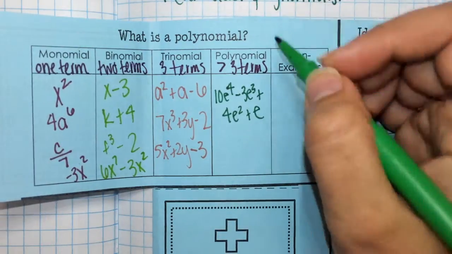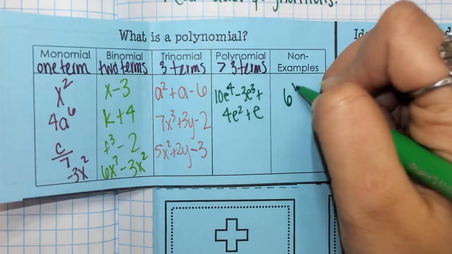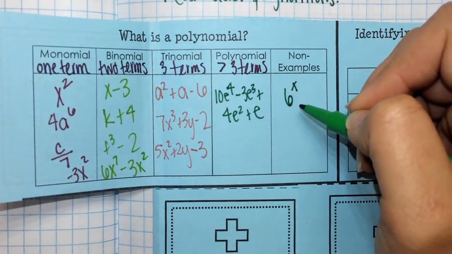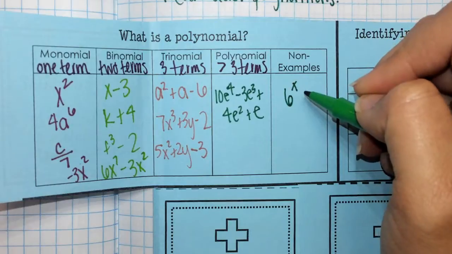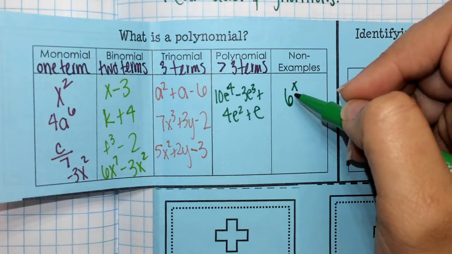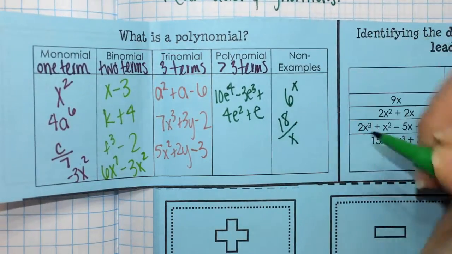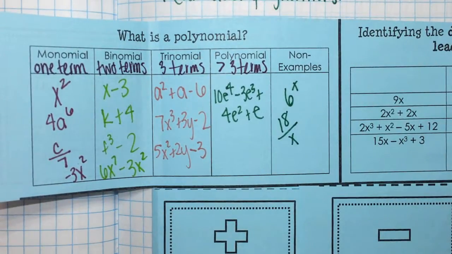Alright, non-examples. Non-examples means it's not a polynomial. So if I had 6 to the x power, that is not a polynomial. That is an exponential function. And they are 2 different things. If I did 18 divided by x, that is not a polynomial. That is something completely different.